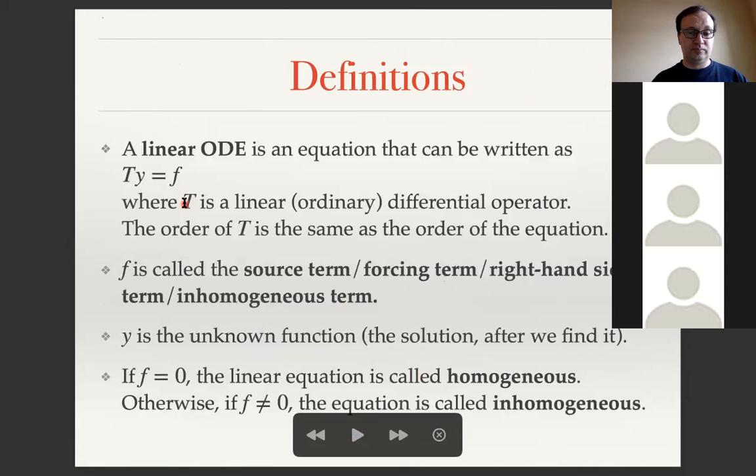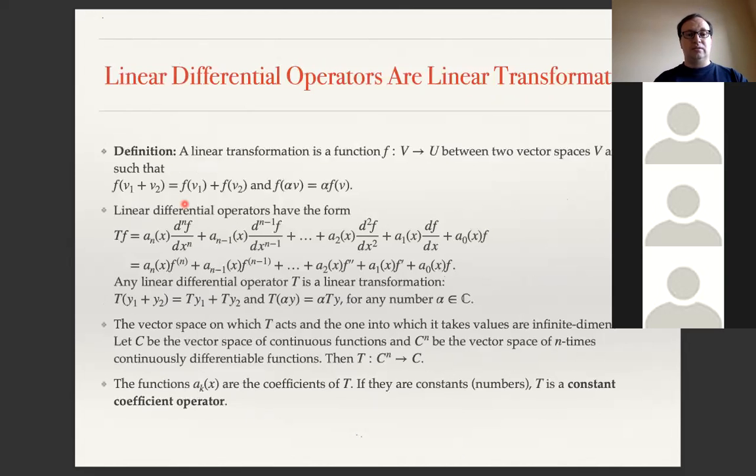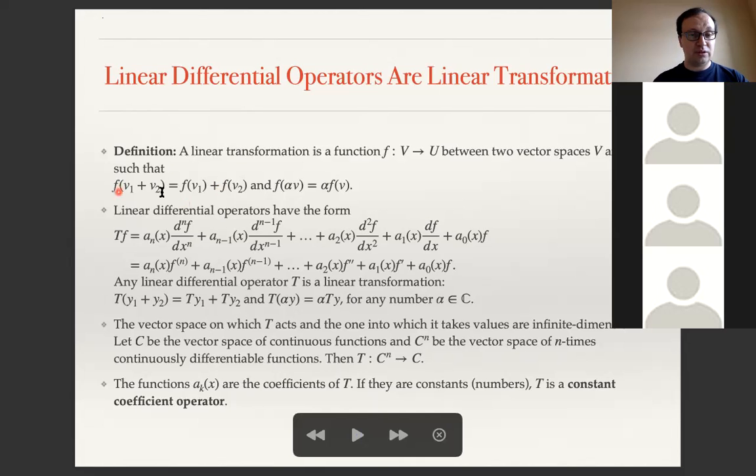Now, let's recall the definition of a linear transformation. Our linear operators are linear transformations in this sense. T of V1 plus V2 is equal to T of V1 plus T of V2 for any V1 and V2 in the vector space capital V. And T of alpha V is equal to alpha T of V for any V in the vector space capital V and for any scalar alpha.